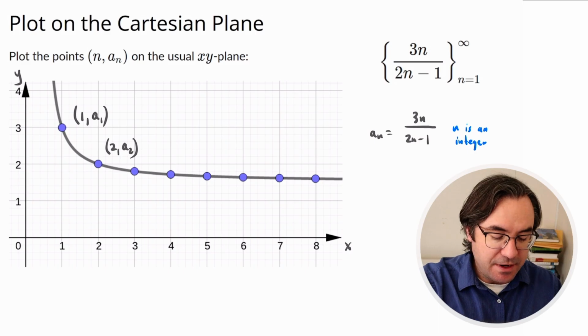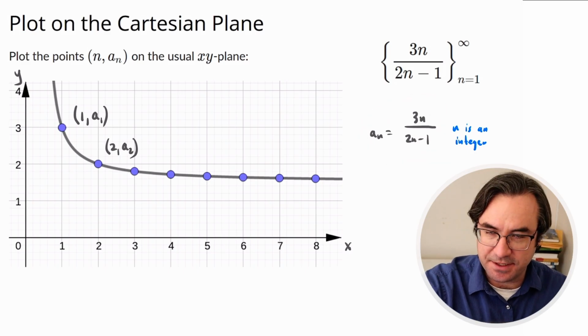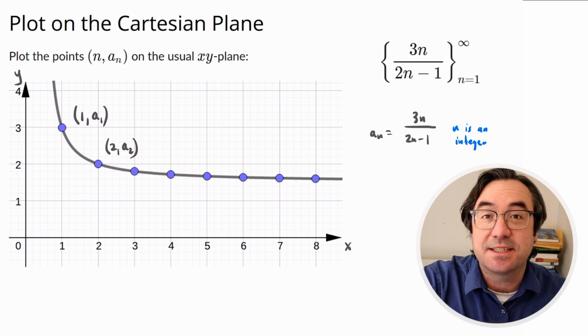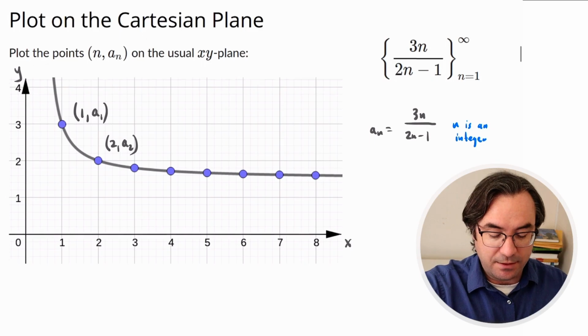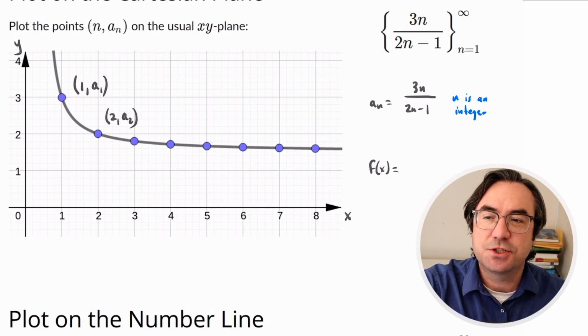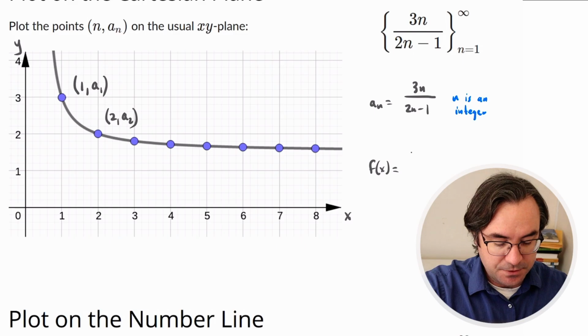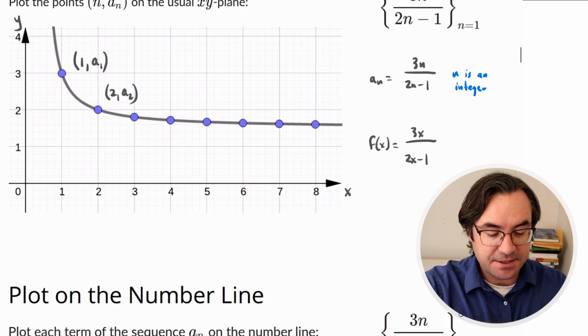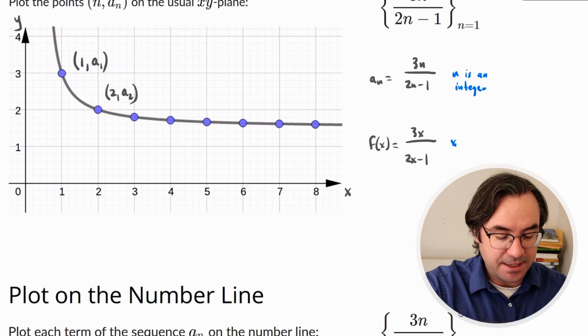Now there's a natural analog to this: what if we just switch the n's to x's? What would that look like? So f of x, 3x over 2x minus 1. And in this case, the x is a real number.